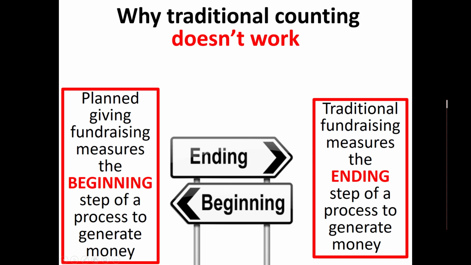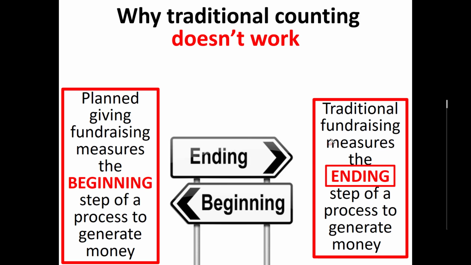Okay, this differs from traditional fundraising that measures the ending step of a process to generate money. And the problem is you have administrators that are used to managing traditional fundraising, and their measurements focus on the ending step of a process to generate money.